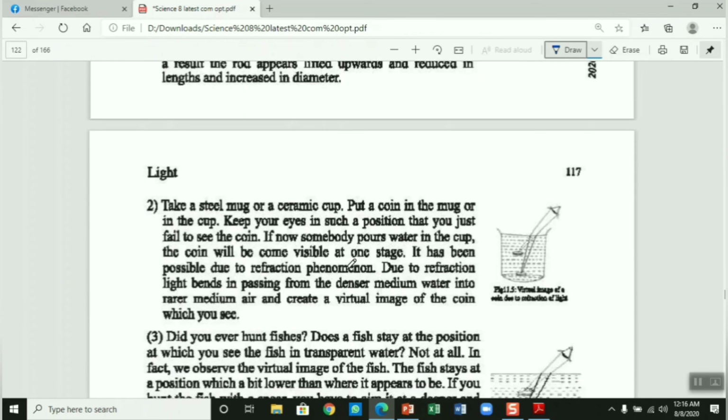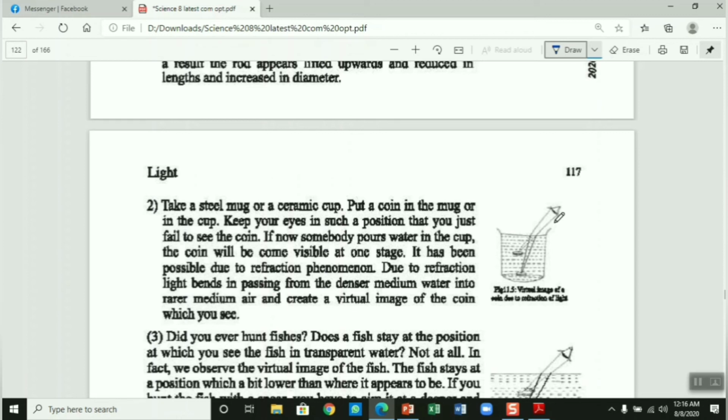Next, you see when any coin is inside the water, what will you actually see? The coin, you will see a bit uplifted. And why do we see it a bit uplifted, though it is not in this position? Because the light bends, but we cannot see anything in a bend. We cannot see anything in a zigzag way. If we could see in a zigzag way, you could sit on the 5th floor or maybe the 30th floor and see who is going along the road, isn't it?